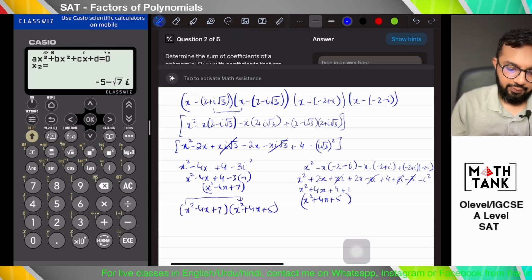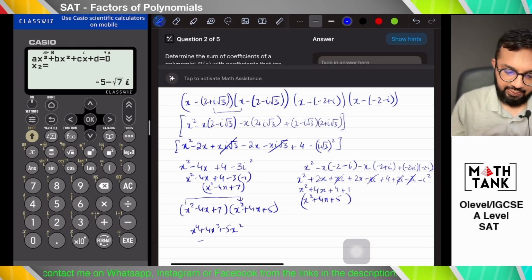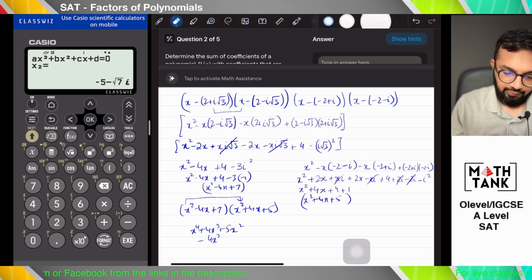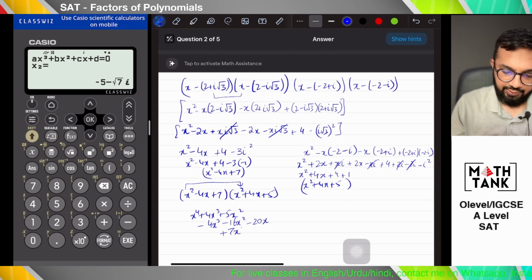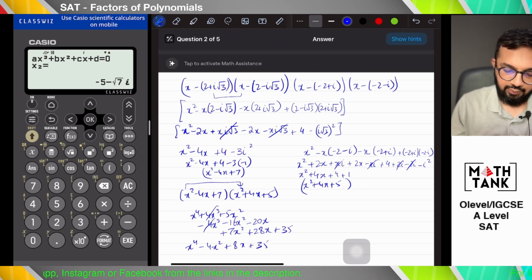If you multiply all of that, I get x power 4, 4x cubed plus 5x squared minus 4x cubed minus 16x squared minus 20x, and then plus 7x squared plus 28x plus 35. So I get x power 4 minus 4x squared plus 8x plus 35.